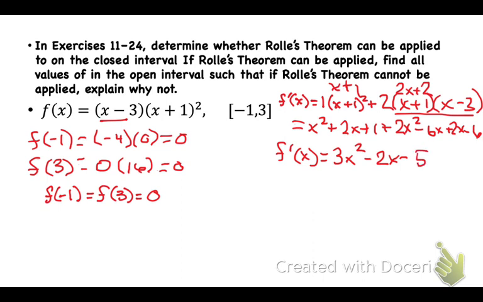Okay, so now I got to factor because I got to set it equal to 0. So 3 times 5 is what? 15. So however you factor, the factors of 15 that have a difference of 2 are negative 5 and 3, yes? Well, don't negative 5 and 3 have a difference of 2? No. What's negative 5 plus 3?